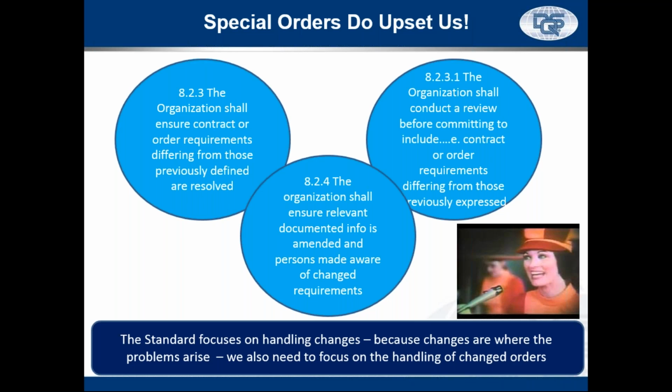This is probably one of the most missed clauses when we go through our report reviews and we look for coverage of the clauses. Very seldom do we see people asking about changes. It's disheartening, because we all know, as I mentioned previously, that generally where problems occur is where there are changes.